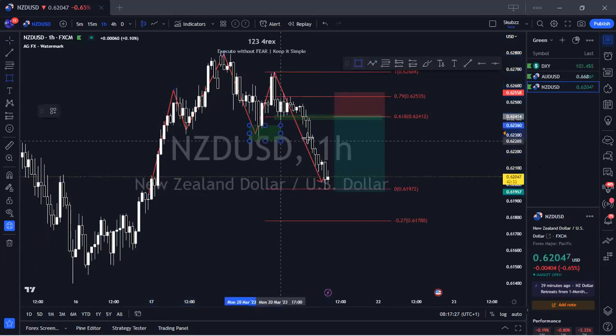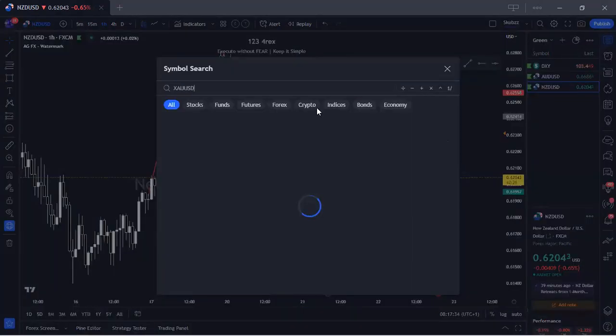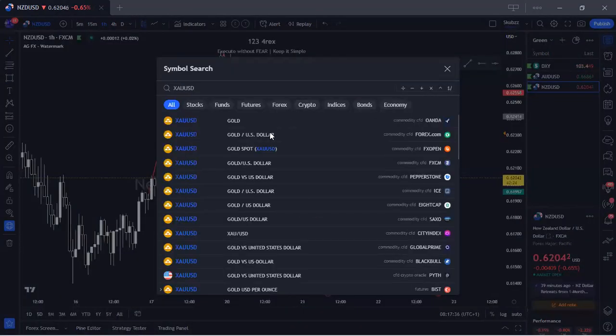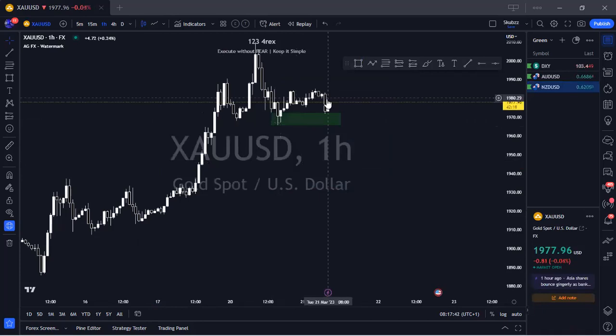Look at it, this higher low here. We broke it to the downside. But then look at gold, XAUUSD. We did not break it. Price just tapped into those levels and then it's rejecting. That's why I've not confirmed it yet.